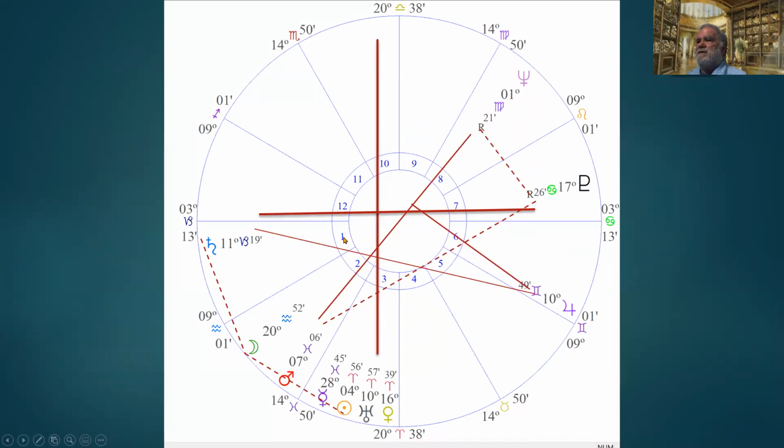Pluto in Cancer is opposite Saturn. Okay, and that's sufficient for Cancer. But then it also has a semi-square and sesquiquadrate to Neptune and Mars. So that's the planet in Cancer, and we have that moon, the ruler, right? So this adds to the indication of discord in the area of the breast. The moon, in addition, has the semi-square to Saturn and the semi-square to the sun. Okay, there it is.